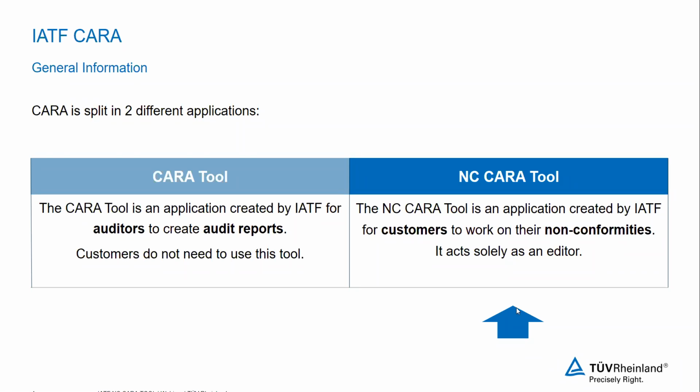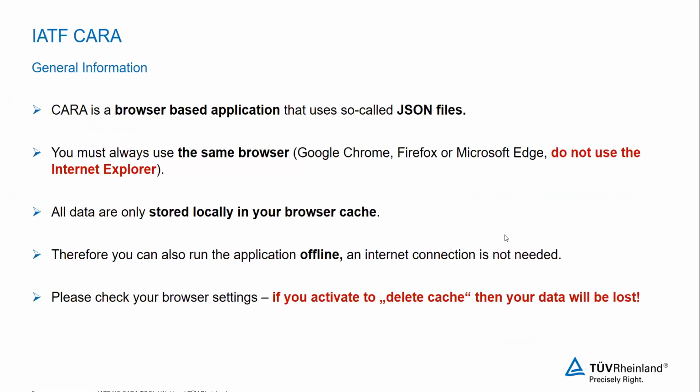And this is the presentation I'm about to do today. So it is an application also created by IATF for customers in order to work on their non-conformities. But it is only an editor. It is not an intelligent application that has functionalities like reminders or things like this.